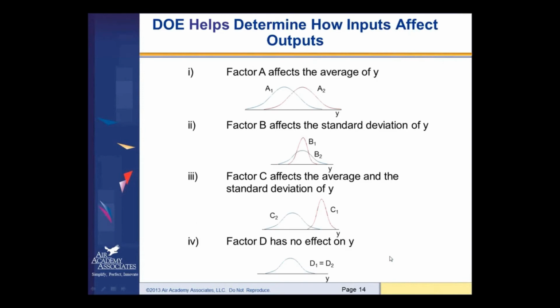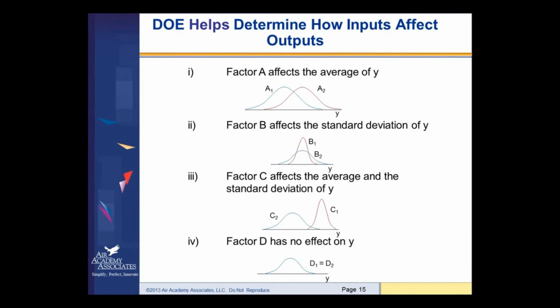And so DOE will help us determine how the inputs affect outputs in a variety of ways, the mean and the standard deviation. In the first scenario there, let's say factor A is altitude, and we change the altitude purposely, systematically in a DOE, and we see what impact it has on Y, like maybe the distance to detection or whatever Y is.